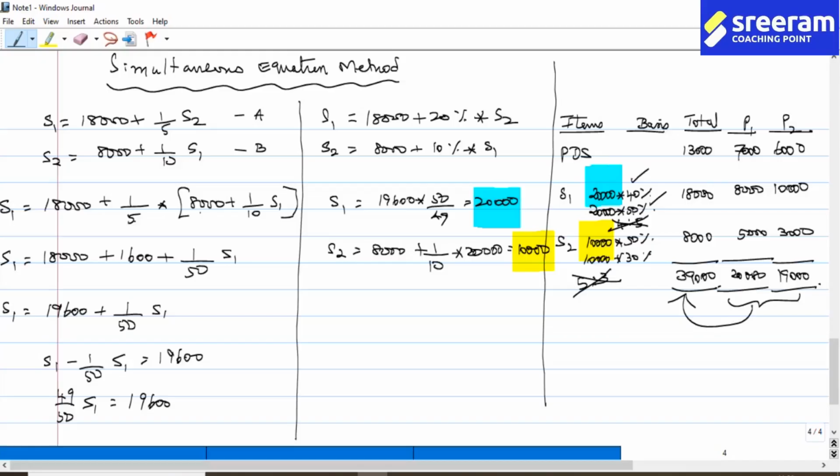Please understand this simultaneous equation method: under the secondary distribution method, the simultaneous equation method is adopted, and this is the way we have concluded.